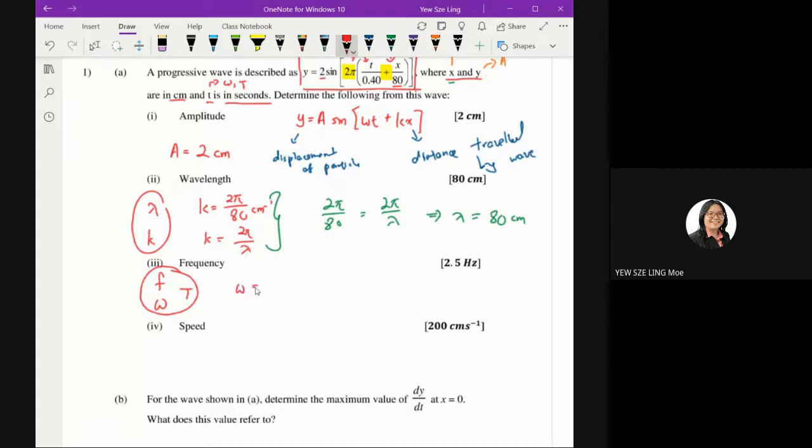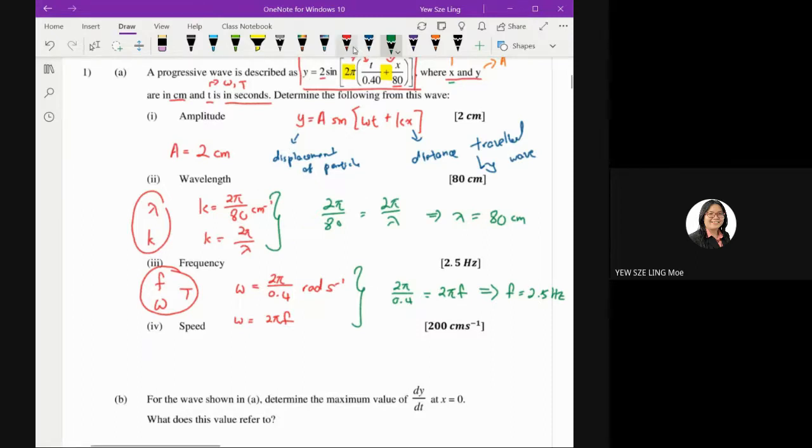So omega is equal to, not 1 over 0.4, but 2 pi over 0.4 radian per second. What is the relationship between omega and frequency? Omega is also equal to 2 pi f. When you combine these two equations, you have 2 pi over 0.4 equals 2 pi f. Rearrange the equation and you obtain f equals 2.5 hertz. So that is the answer for question number 3.